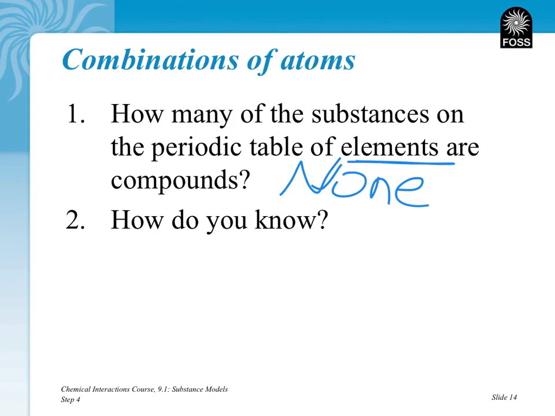If at the top of the classroom board you had a list of the alphabet, that would be like the letters, or the elements on the periodic table. That set of 26 letters makes up all the millions of different words. Our periodic table of elements is what makes up all of the compounds when you join and combine them together. So there are no compounds on the element table. How do we know? Because it's the periodic table of elements, not the periodic table of compounds.